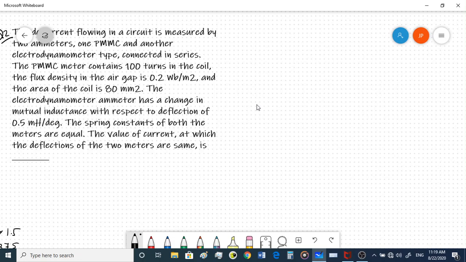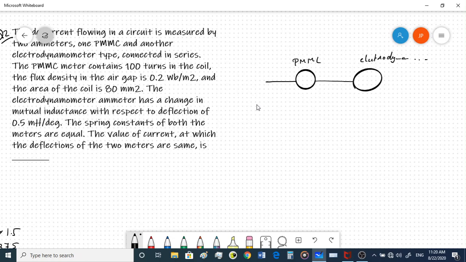So basically we have two meters, one is a PMMC meter and the other one is an electrodynamometer type meter, right?